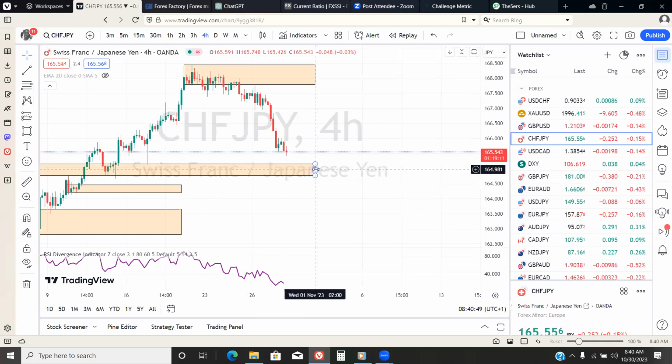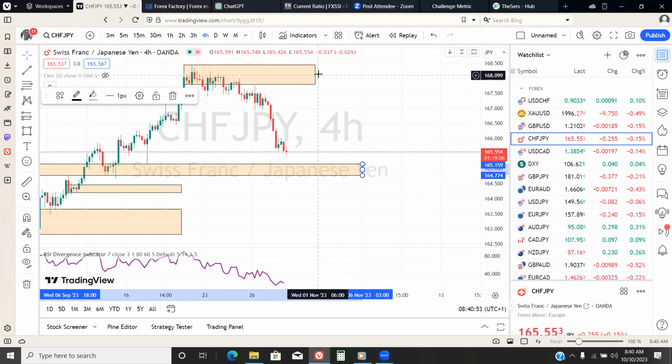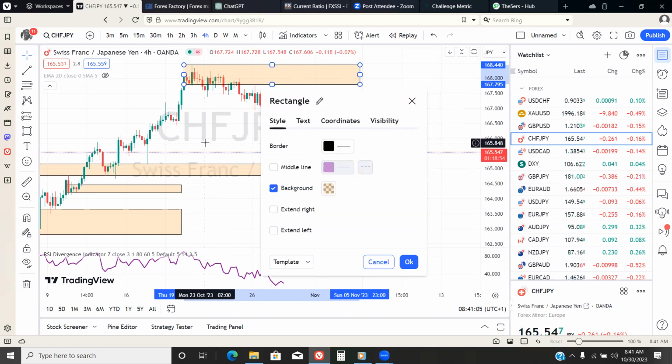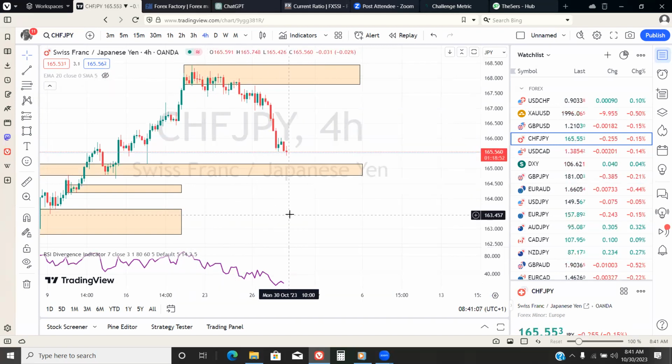Then where is the market maker footprint that we are going to position ourselves for to look for a buy opportunity? Then we are expecting this market to come to the price of 165.00. We are expecting Chef JPY to come to 165.00.